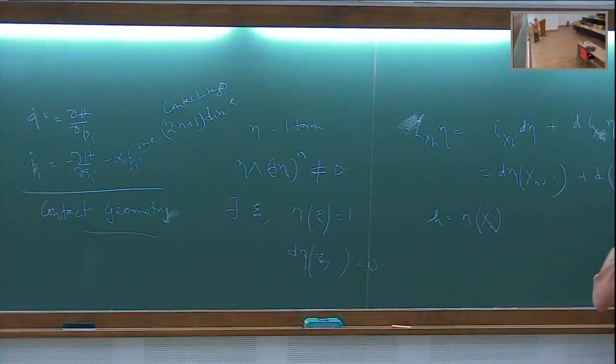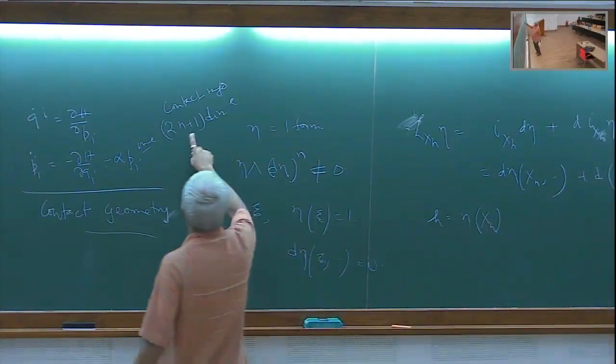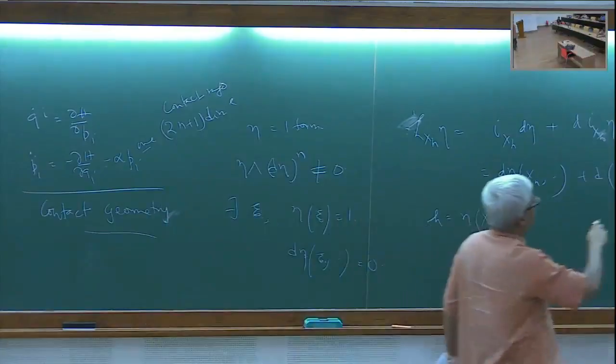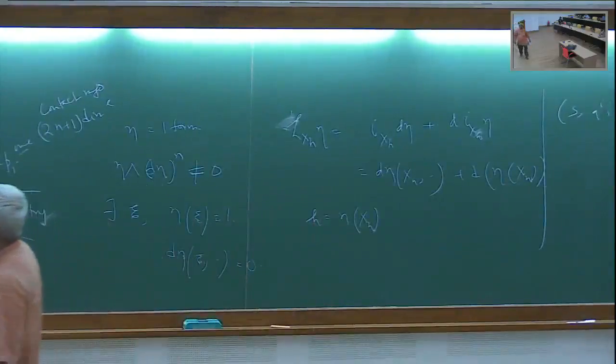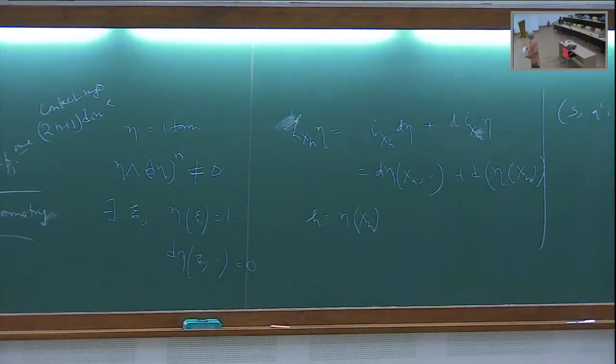Here also we have Darboux coordinates, because from one dimension this S is coming, and the 2n is basically Qi and Pi, where i runs from 1 to n. So these are the 2n plus 1 coordinates.